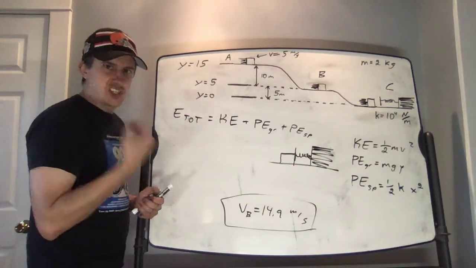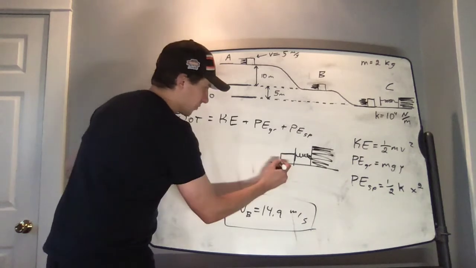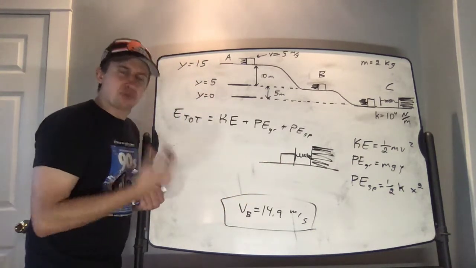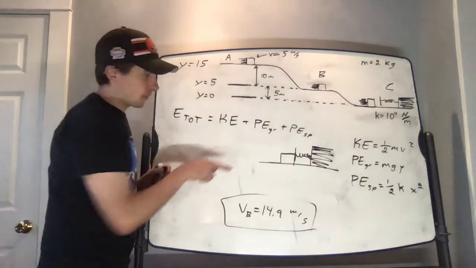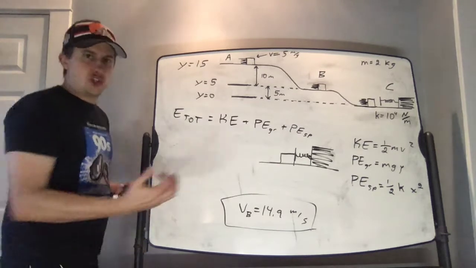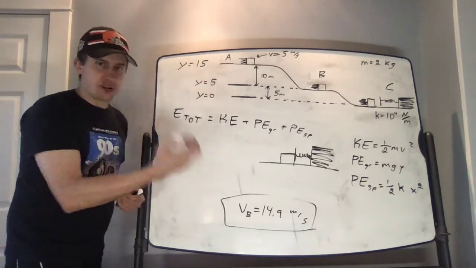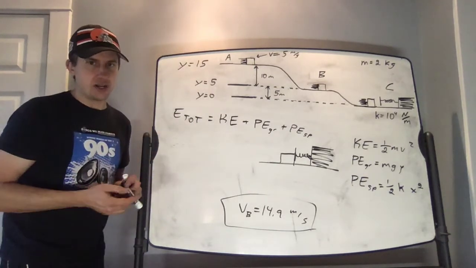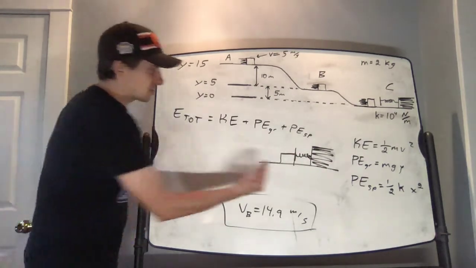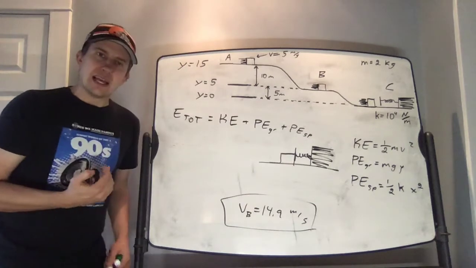Just before the spring reaches its maximum compression, the box is going to be moving to the right. If the spring is not yet at maximum compression, the box is still going to be moving a little bit to the right. Just after the spring reaches its maximum compression, that's like saying the spring is stretching out again, the box will be moving to the left.